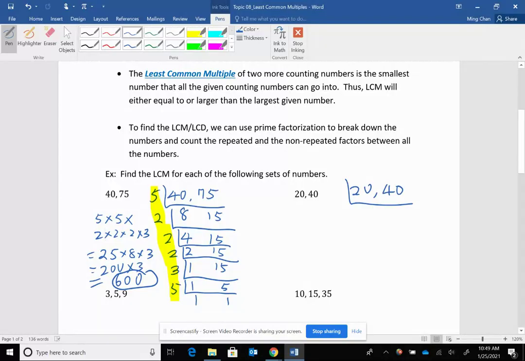Or I can use 10 that can go into both 20 and 40. Even though 10 is not a prime number, here we are using the technique of prime factorization to break it down, so the sooner we can break it down, the better. Okay, so I'm going to use 10, which will give me 2 and 4. All right, find a number on the outside that can go into both of these at the same time. That will be 2. 2 goes into 2 one time, 2 goes into 4 2 times.